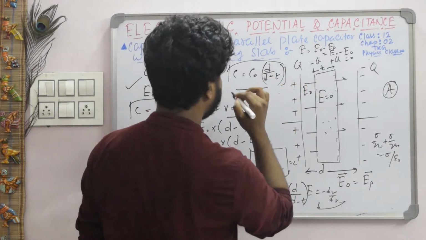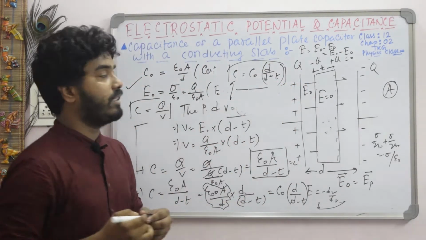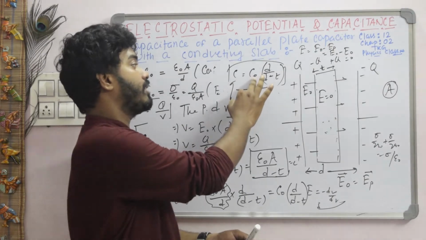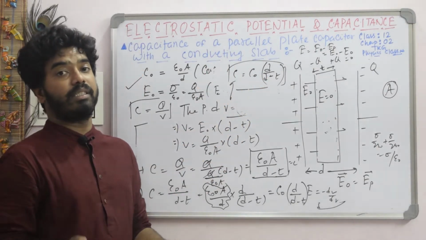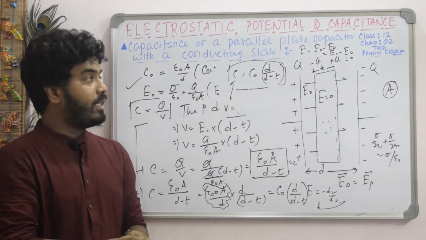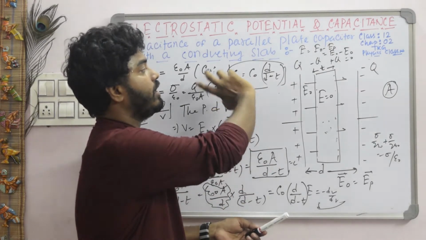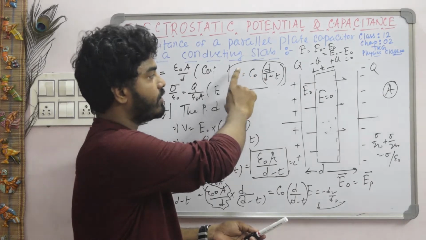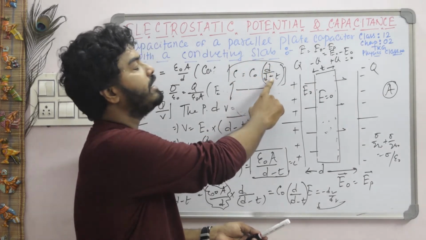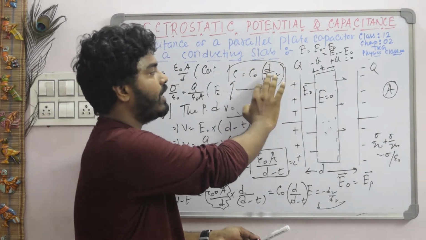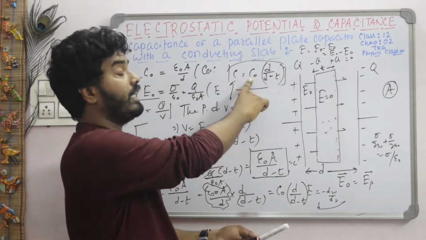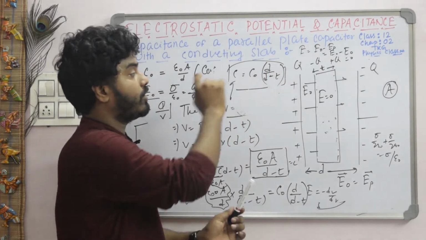That means here we can express the capacitance in terms of C naught, that is the capacitance when there is a vacuum. That is, C is d upon (d minus t) times C naught.